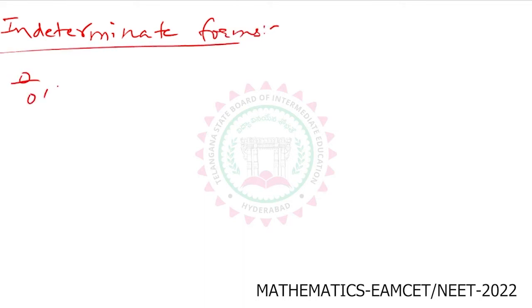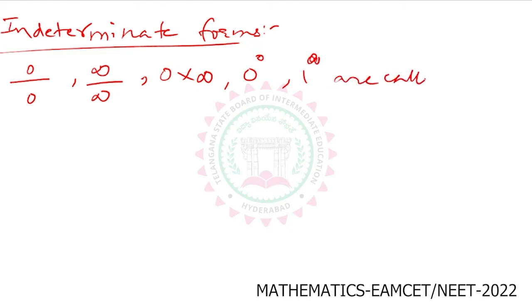That is 0 by 0, infinity by infinity, 0 into infinity, 0 power 0, 1 power infinity. These are called the indeterminate forms.